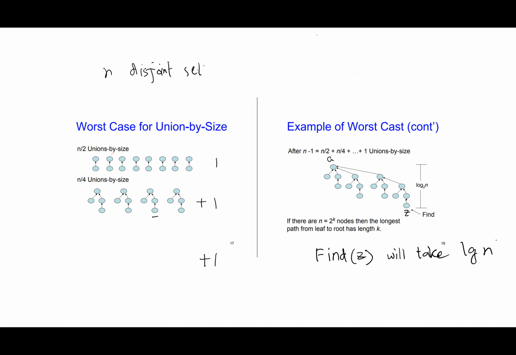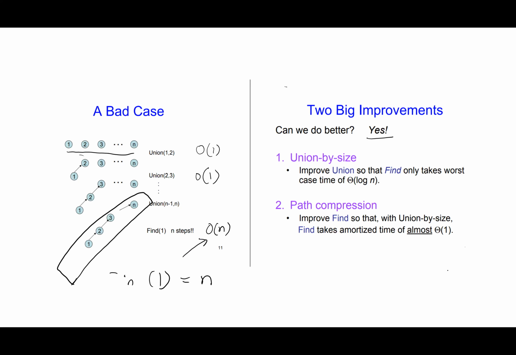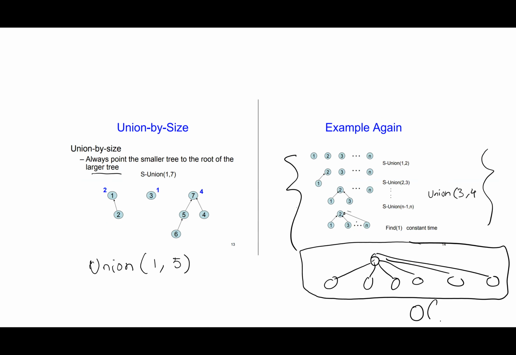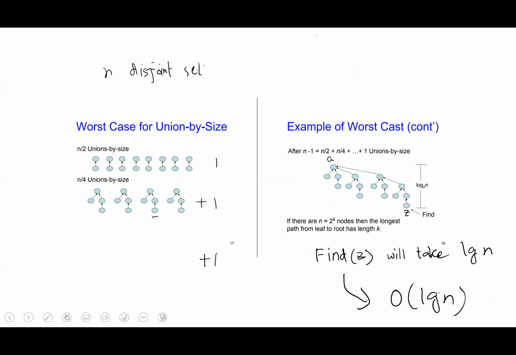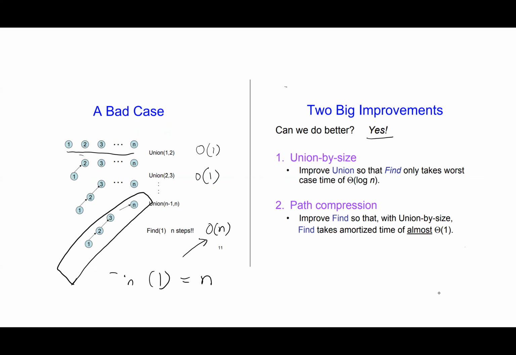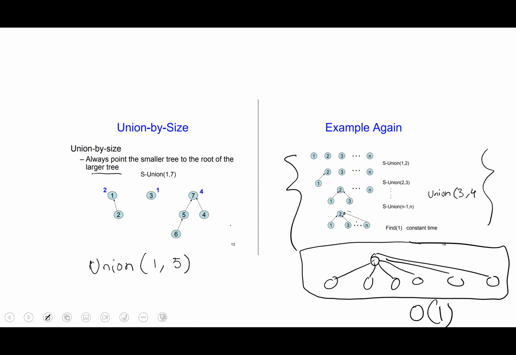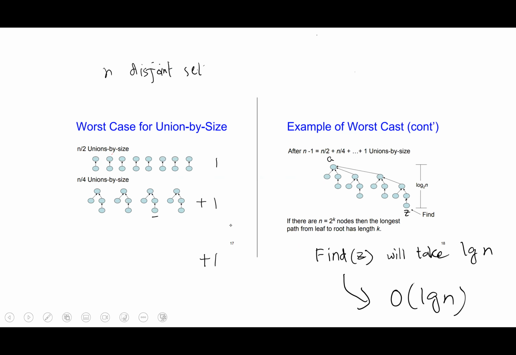So that means if we do union by size, find becomes an order of log n operation. In the best case, find will be order of 1, but this is the worst case, and we know the worst case is the time complexity of the algorithm. So instead of order of n, by doing union by size, find becomes order of log n.